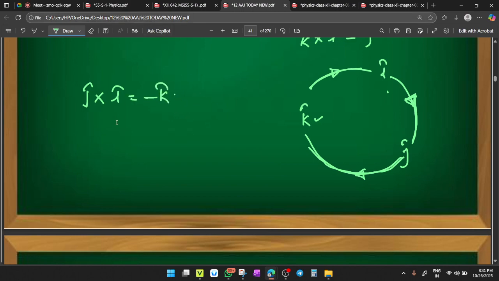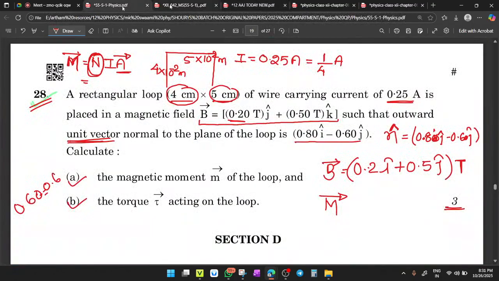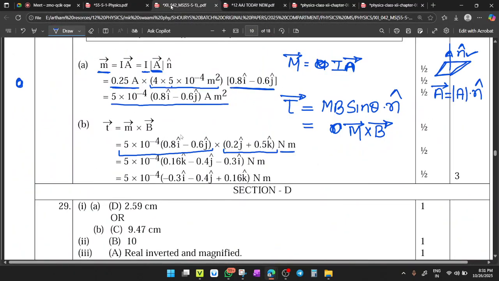Okay, so let's multiply. In what way do we have to multiply? First, see here, 0.8 multiplied by 0.2. So 0.8 into 0.2 equals 0.16. Now i cap moving towards j cap will produce plus k cap. Clear or not?